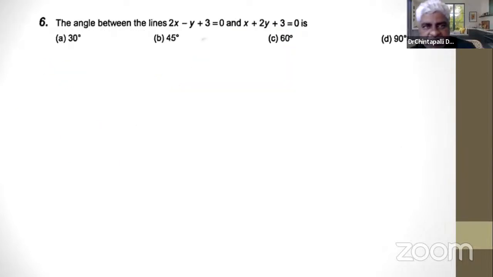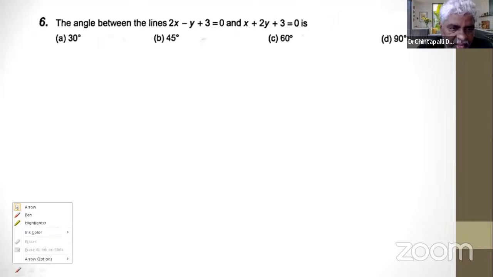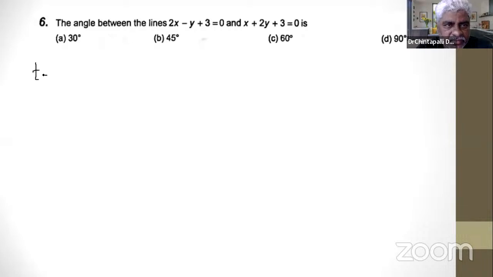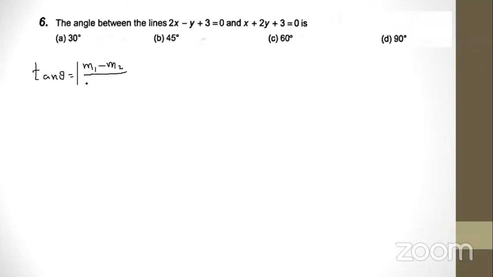The angle between the lines. I'm telling you a special formula to find the angle between two lines. The acute angle between any two lines: tan theta is equal to modulus of (m1 minus m2) by (1 plus m1 m2).